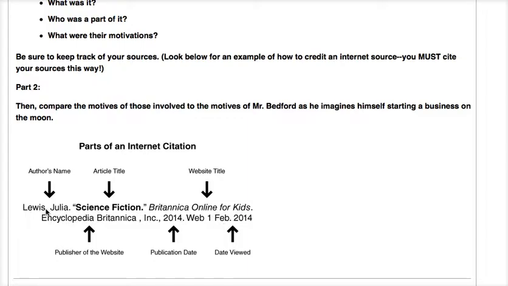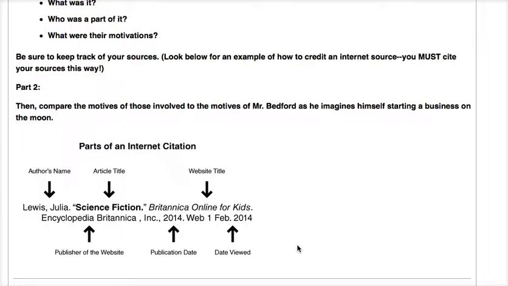Okay, so if you follow these guidelines, you will be able to get that part correct, the parts of an internet citation. Now, are you just allowed to write www.nasa.gov? No. You do have to have it in this manner. Now, if they don't have the author or article title, of course you'll have to leave that out, but I really do need you to look for that.